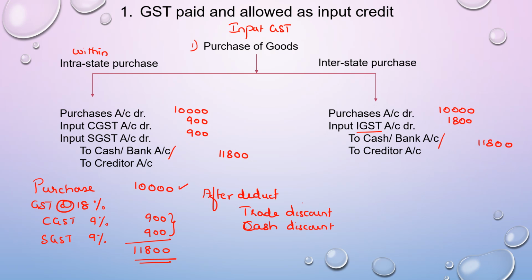It can be in the form of CGST, SGST, or it can be in the form of IGST when an interstate purchase is involved. We debit that particular input GST account. And this input GST account, the credit can be availed against the output GST which is collected by this particular supplier when he sells the goods.